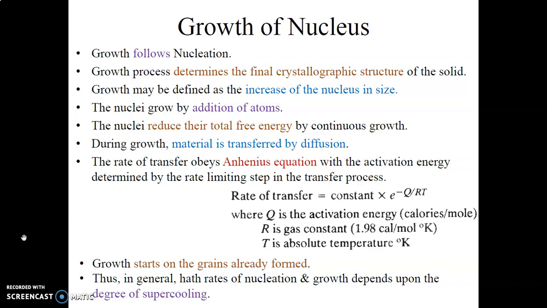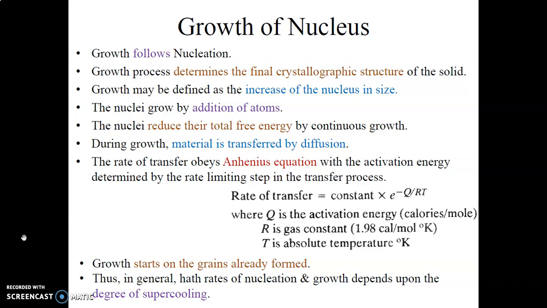Growth may be defined as the increase of the nucleus in size. The nuclei grow by the addition of atoms. The nuclei reduce their total free energy by continuous growth. During growth, material is transferred by diffusion.